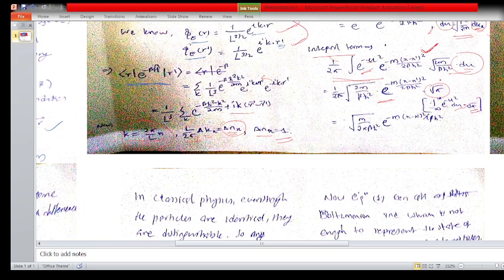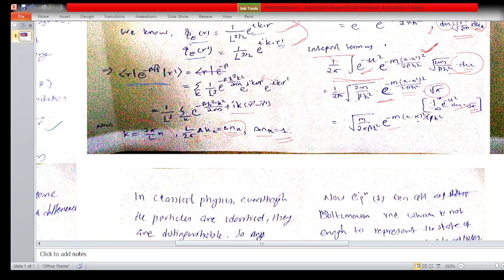One of the root pi gets cancelled. This is root pi, this is pi, so 1 by 2 root pi will come. If you take that 2 inside, it becomes 4, and this 2 gets cancelled, so we will have 2 in the denominator. So that is how this term comes: m by 2 pi beta h cross square, then e raised to minus m times this particular quantity.